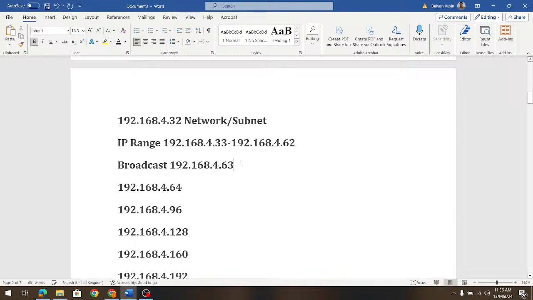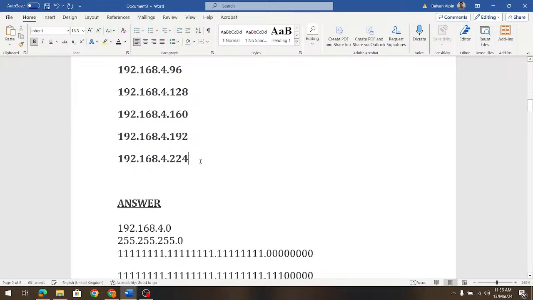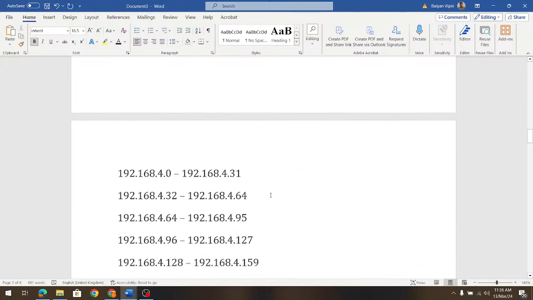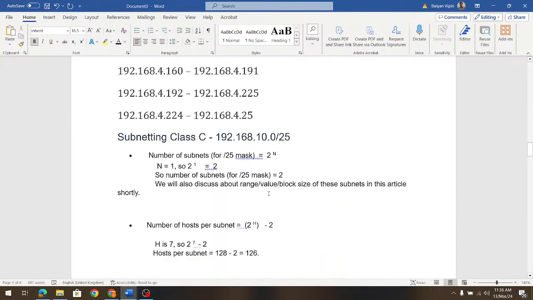So in a similar way, you can do the same calculations for the remaining ones. Okay. So these are the different ways of doing things.